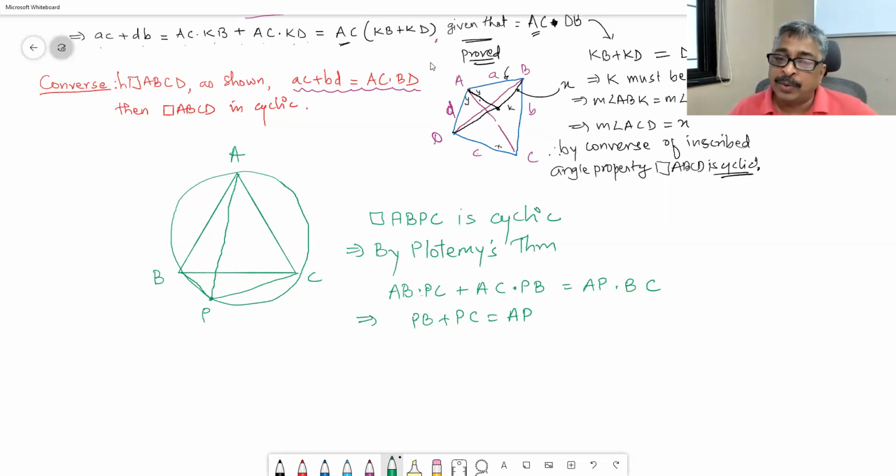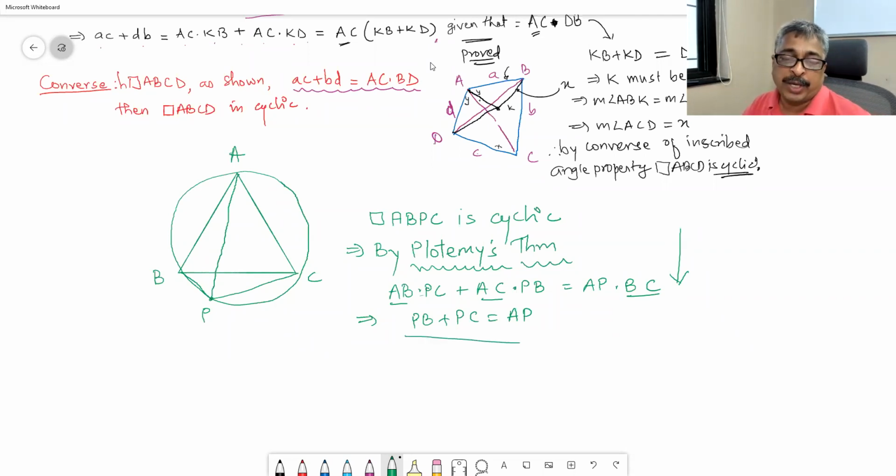But if you have a strong theorem with you, the problem becomes absolutely easy. AB is equal to AC is equal to BC because the triangle is equilateral. They get cancelled. You get PB plus PC is equal to PA. Okay. This is application number 1.